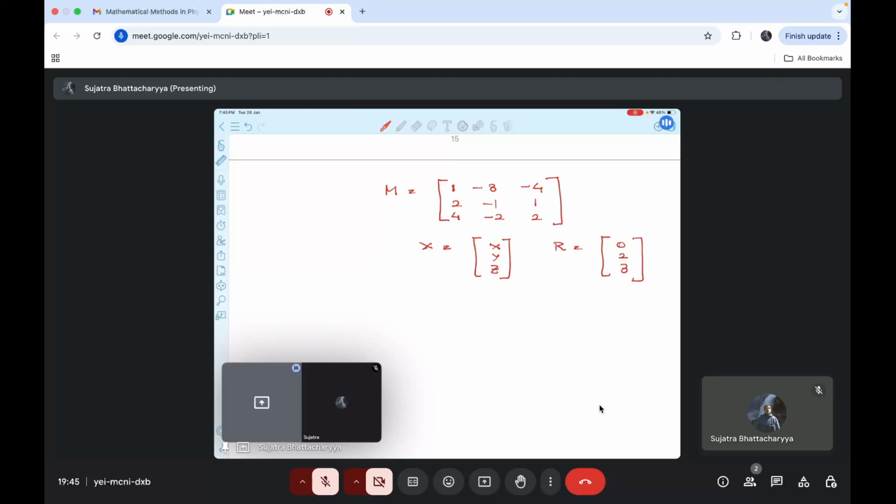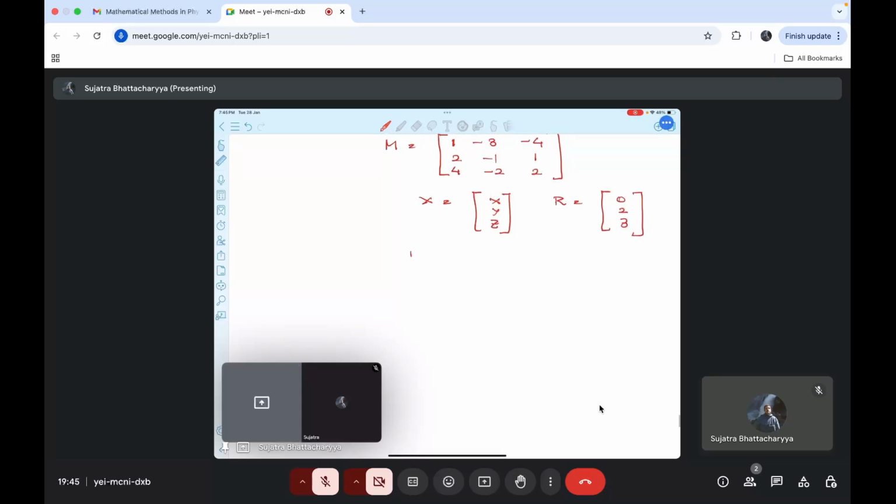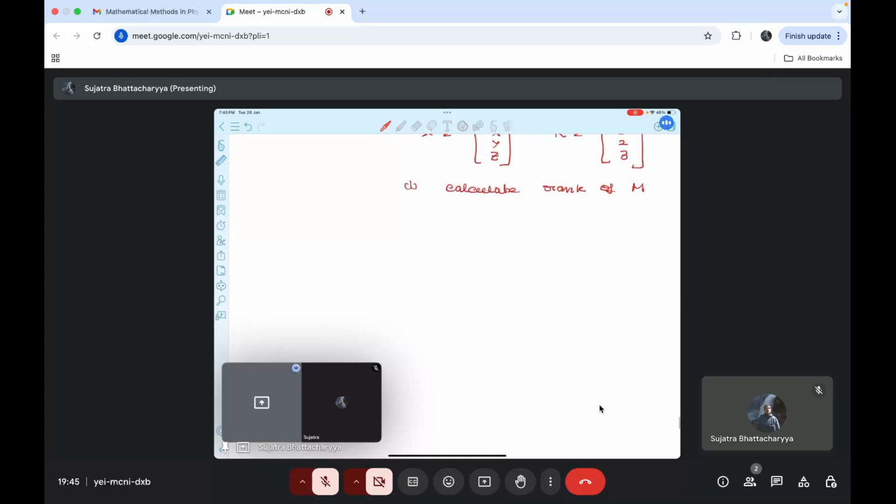Now, how to do the row reduction is the next question. Let us first calculate the rank of matrix M. So we start with M like this: 1, minus 3, minus 4; 2, minus 1, 1; 4, minus 2, 2.